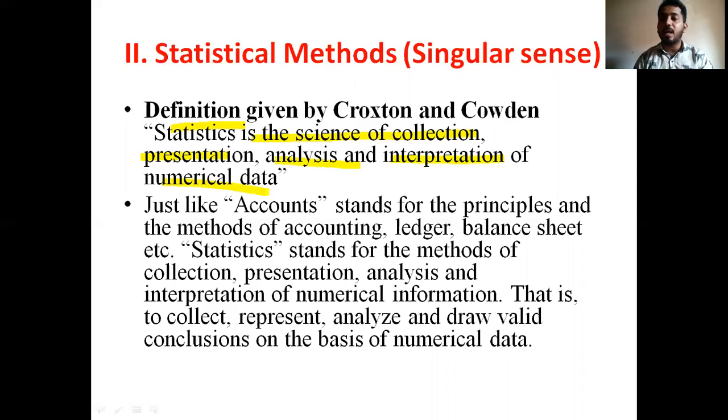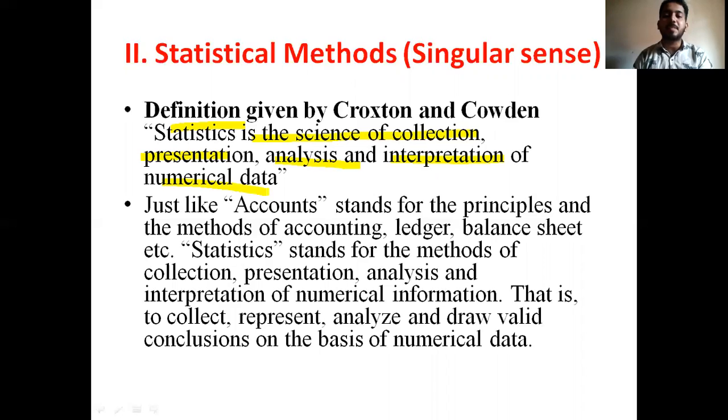So there are so many sophisticated and simple mathematical methods, statistical tools and formulas to analyze the data. By using those statistical and mathematical tools, we can analyze. Here, analysis means detailed examination, cross verification of the collected data or presented data.